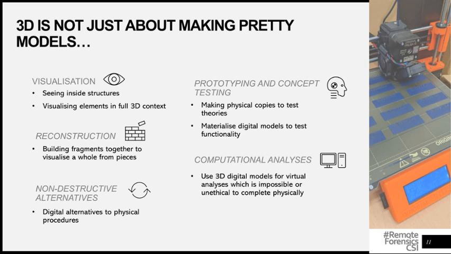The beauty of creating a digital alternative also means that you've got an alternative to do physical procedures on. So again, that physical fit example, you don't want to be handling burnt fragmented bone because it's so delicate. But if I scan it and 3D print it, I can handle those 3D prints as much as I like, and I'm not going to damage the physical evidence that exists.